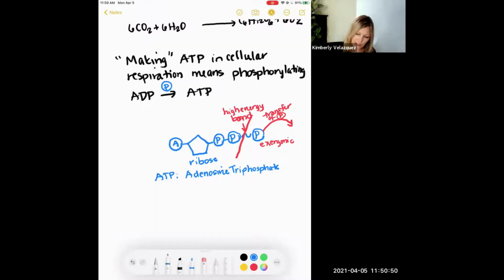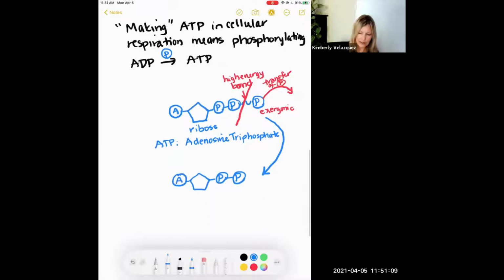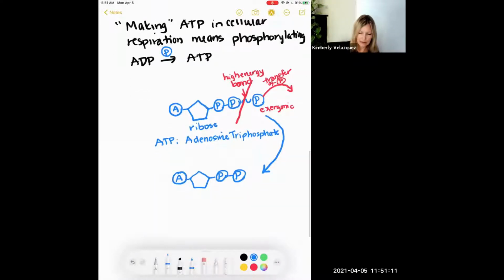But what we're left with as a result is a molecule that now just has 2 phosphate groups because that third one was transferred. So we now just have adenosine diphosphate, ADP.